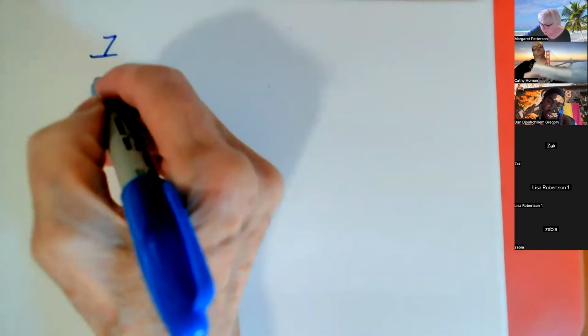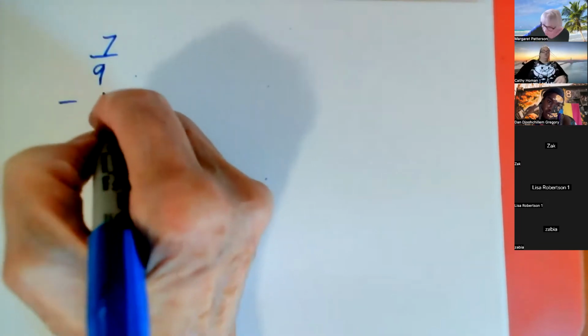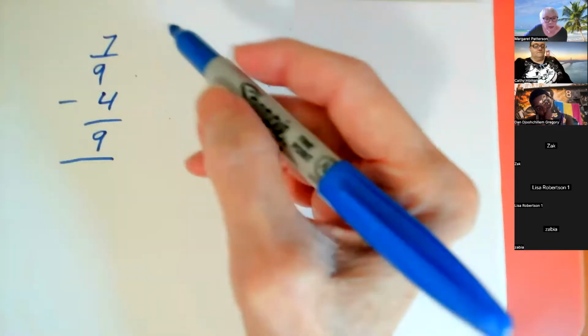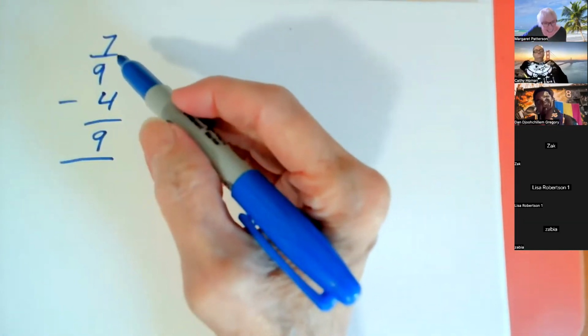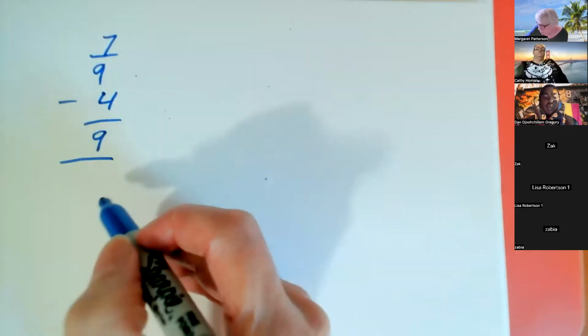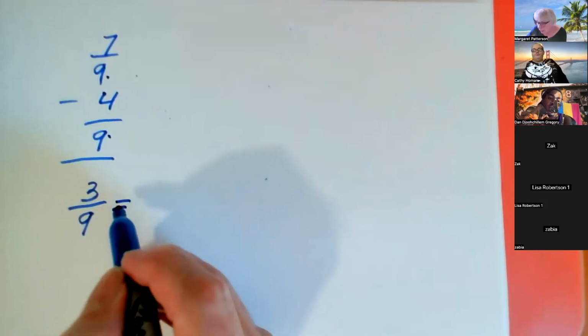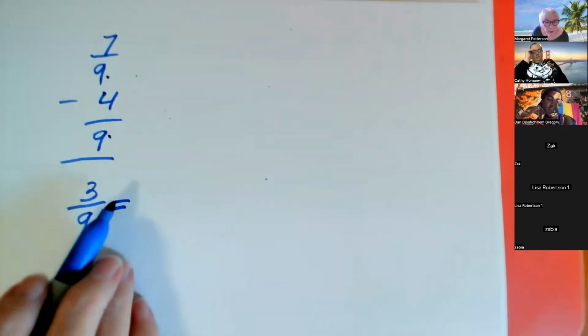Let's see. Oh, well, every once in a while, life is good. Why did I say that? Because they had a common denominator. They have a common denominator. So you say, thank you, thank you, thank you. So, 7 take away 4 is 3, 3 over 9. What this problem required was this.